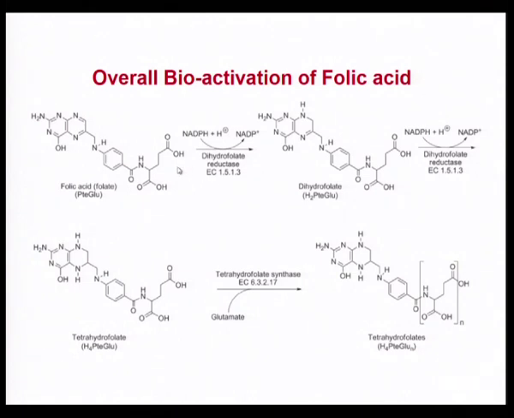So, what we saw in the previous session, as we are kickstarting from there, is the overall bioactivation of folic acid. This particular enzyme, dihydrofolate reductase, converts folic acid into dihydrofolate. Then there is one more conversion which gives rise to tetrahydrofolate, and then you also have the addition of glutamate by tetrahydrofolate synthase, so that the glutamated tetrahydrofolate would now be the bioactivated version available for its function.